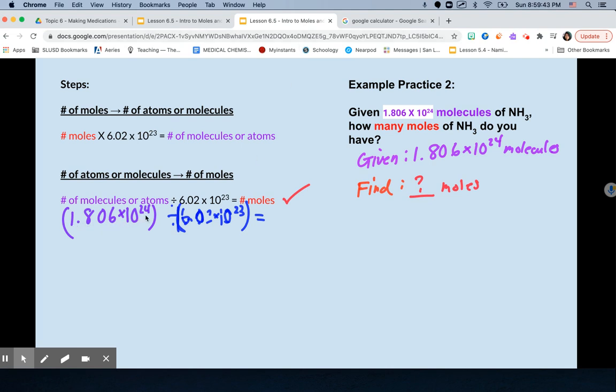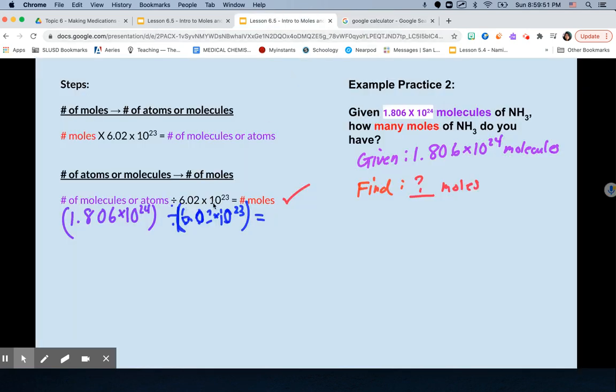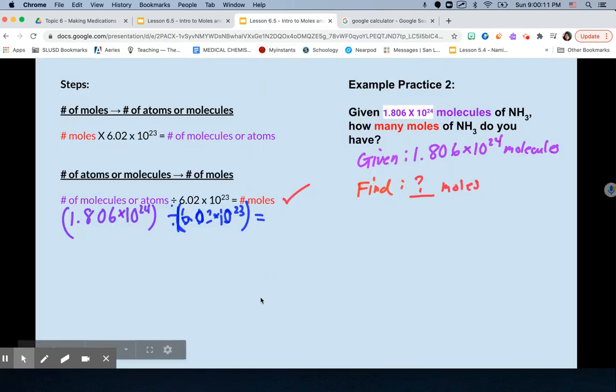So that's my first number here in purple. This time I'm going to divide by my mole, 6.02 times 10 to the 23rd. So open parentheses, 6.02 times 10 to the 23rd, equals 3. 3 moles is what I get.